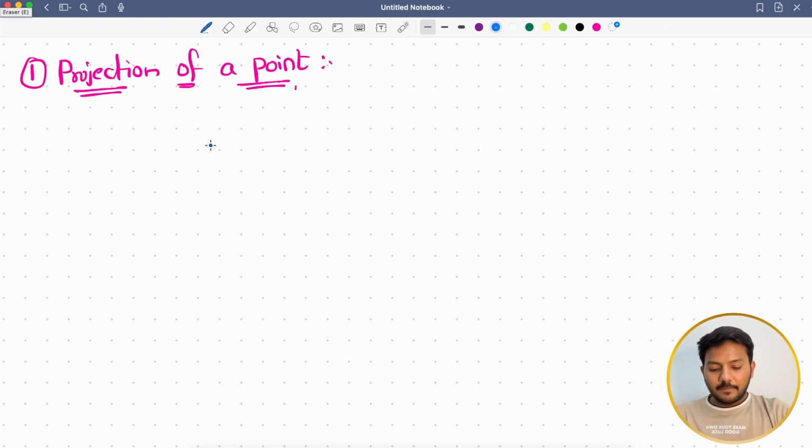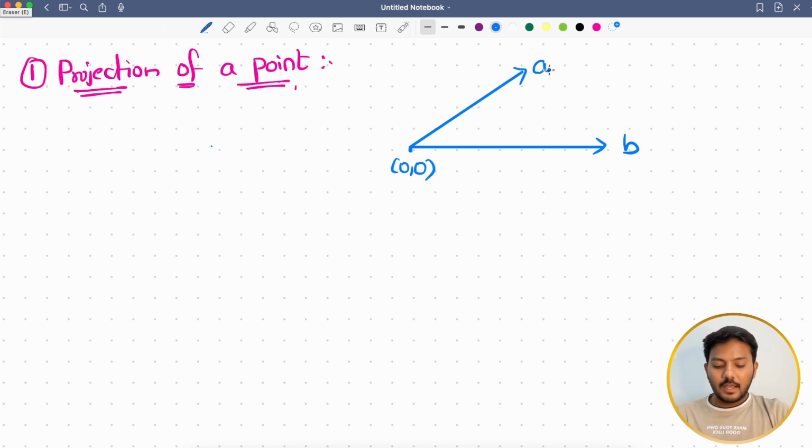So let's say I have my origin here, and then I have a line B, and I have a point A here, and the angle between them is theta. Clear? Now what is projection of a point onto a line or plane?